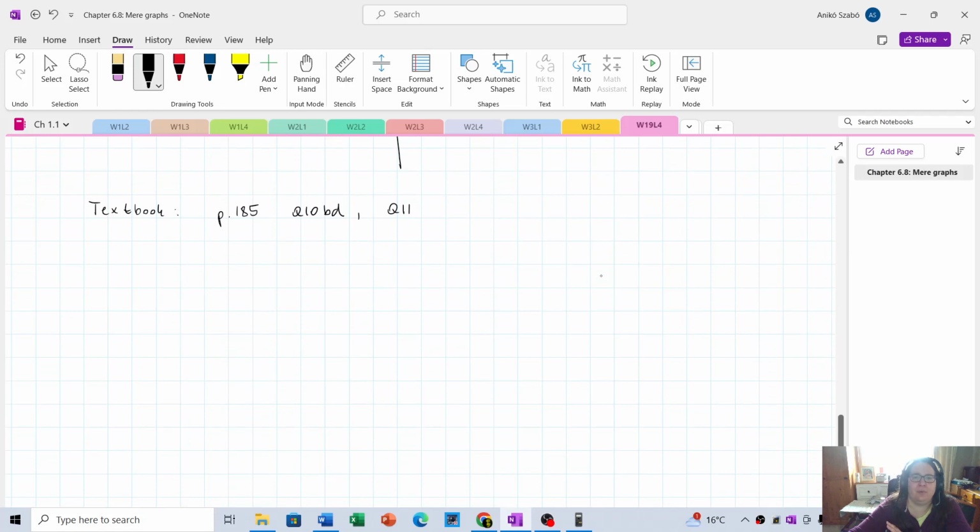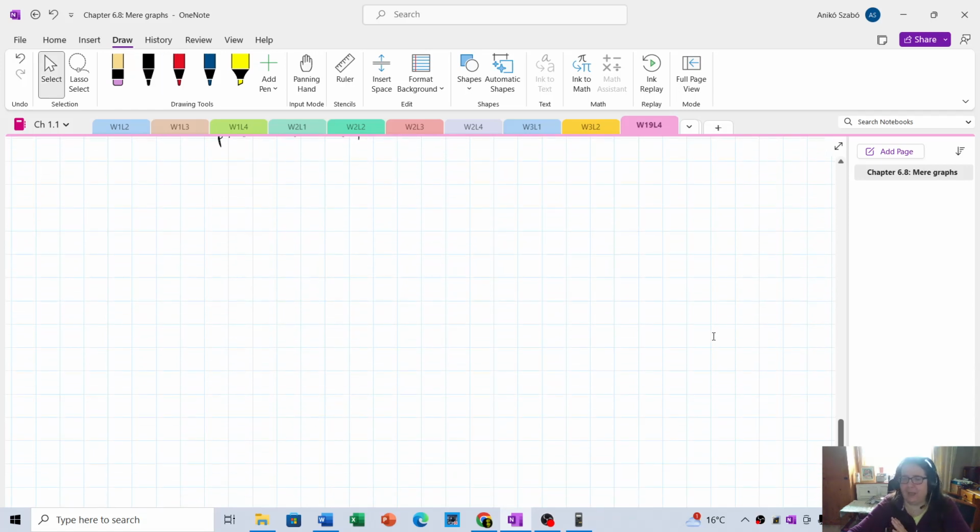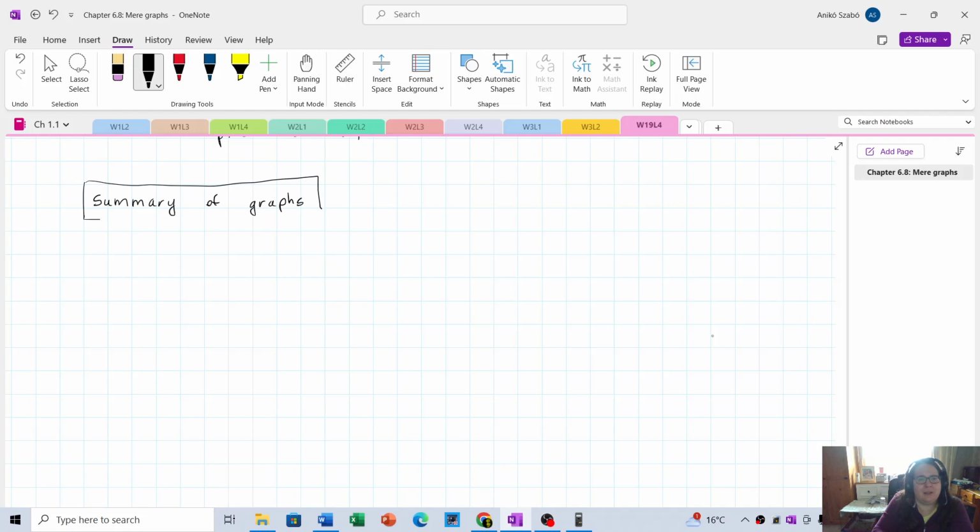Now, before I let you go, I just wanted to do a little summary of the different types of graphs we had. So first we had straight lines, so linear graphs, which were like straight lines this way or that way, or horizontal or vertical.